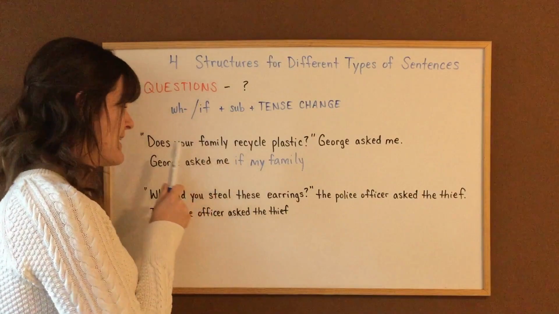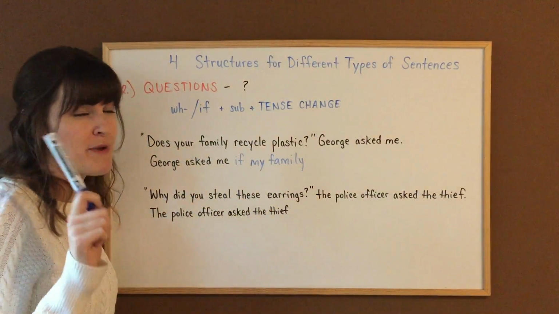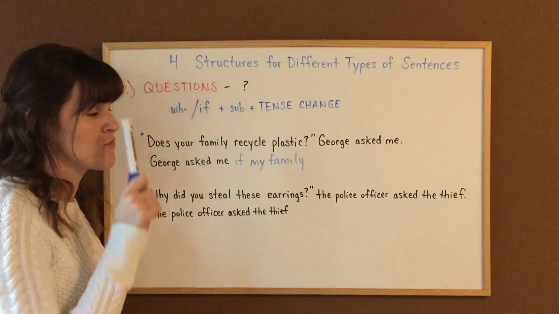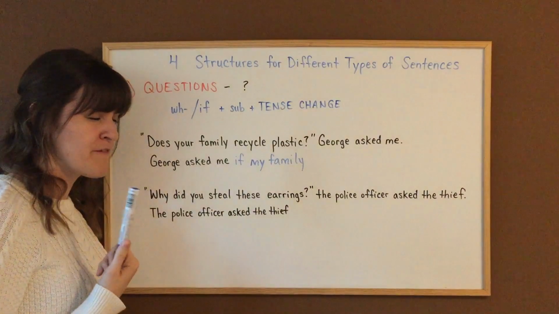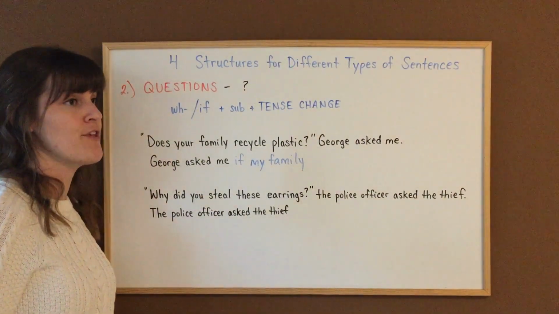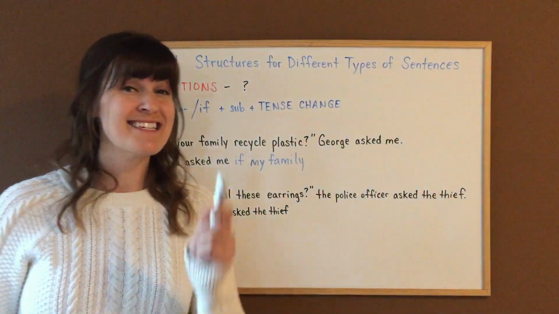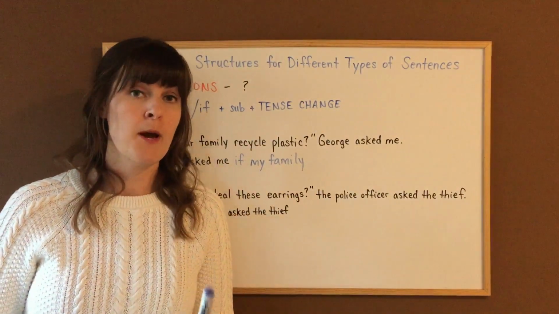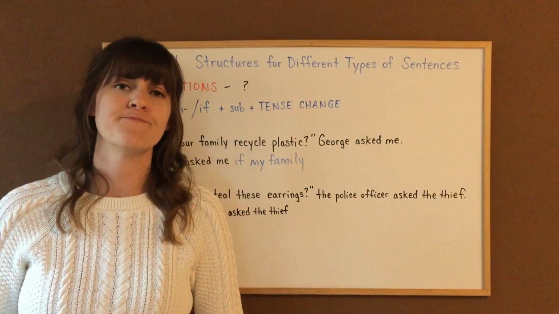We said our verb is does recycle. Okay, here's another point where we got to be really careful. Really careful. You have to think back, like we looked in our previous videos. What's the tense of the verb? Does and recycle. Does is an auxiliary verb. But which tense do we use does as an auxiliary verb for?